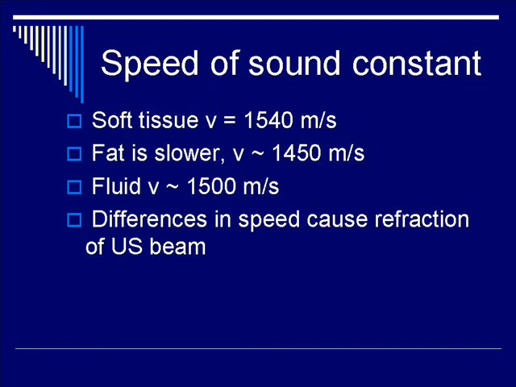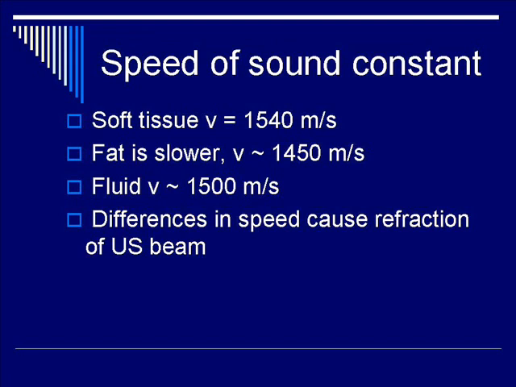The next assumption that is often assumed during ultrasound scanning is that the speed of sound, in this case of ultrasound, is constant. That is very far from the truth. You learn that in soft tissue, the sound velocity is 1540 meters per second. However, you probably remember that in fat it is slightly slower. The velocity is 1450 meters per second.